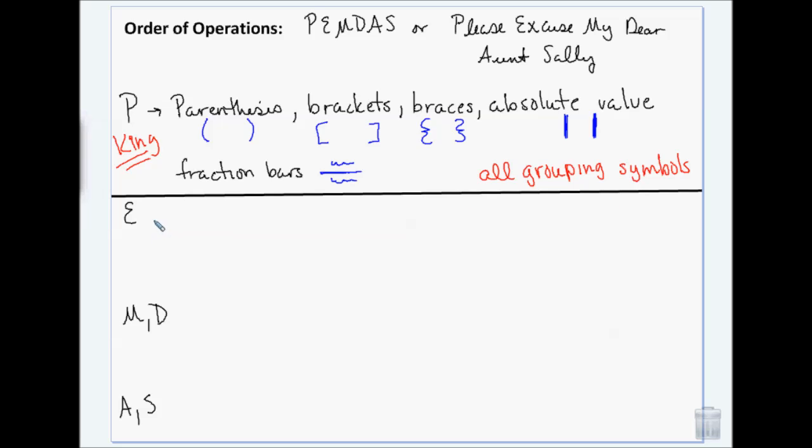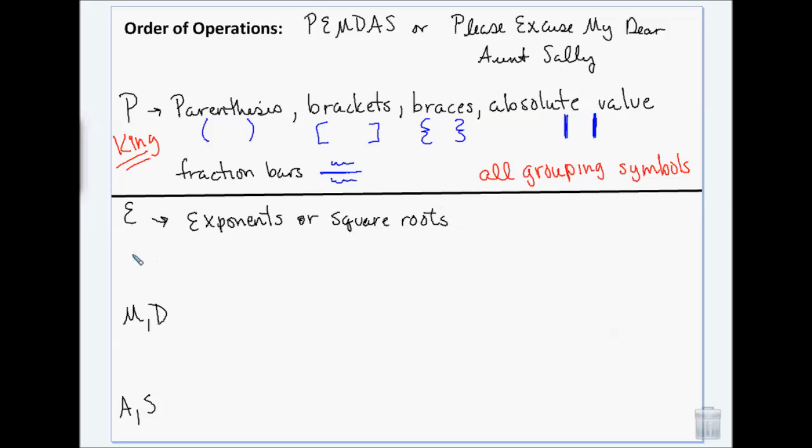Then the next thing you get is the E, that's exponents. But it's not just exponents. It's also square roots. And other roots, cube roots, fourth roots, and things like that, but we're not really there yet. So for right now, all you'll be dealing with is square roots. So both exponents and square roots have the same value.